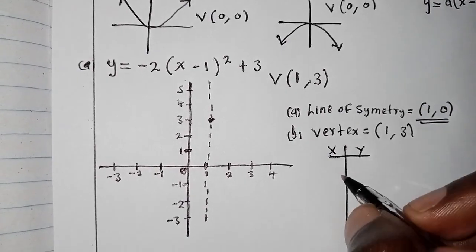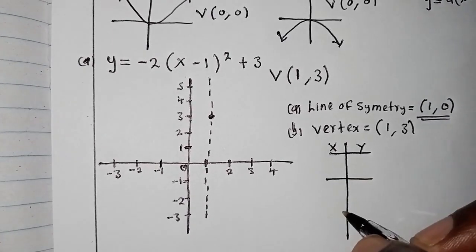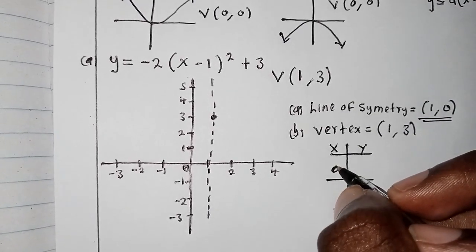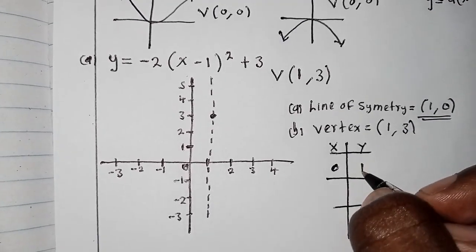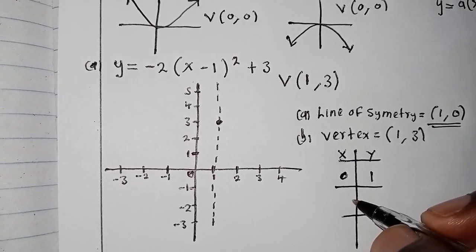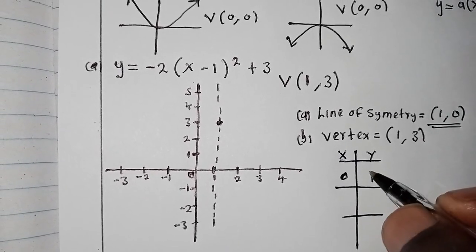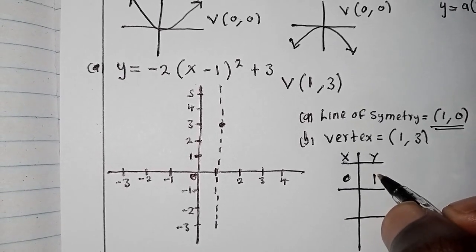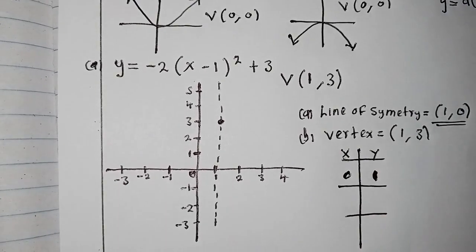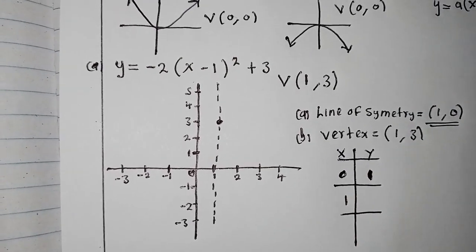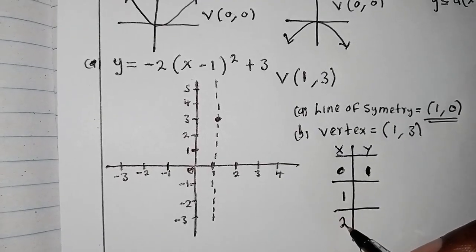From here, even just 2 points is enough. So let me get 0, then let me get 1, then let me get 2.